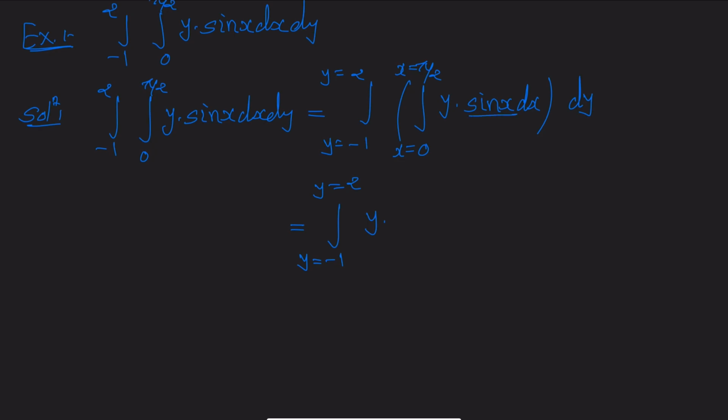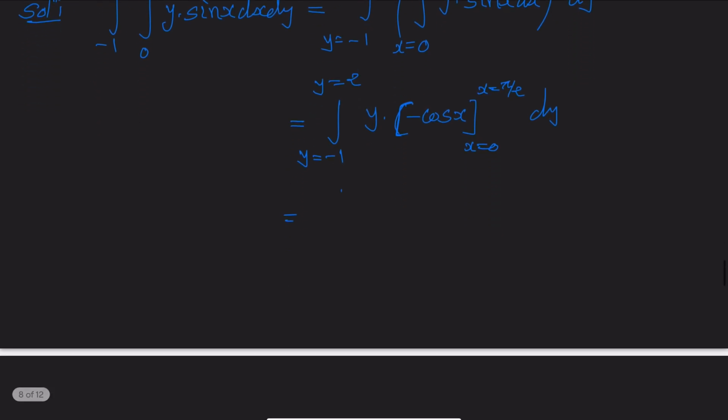Now what is the integration of sin x? The integration of sin x with respect to x is minus cos x, from x is equal to 0 to x is equal to pi by 2, dy. Let us substitute the values first.